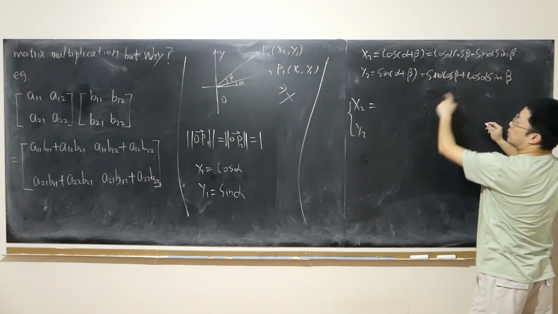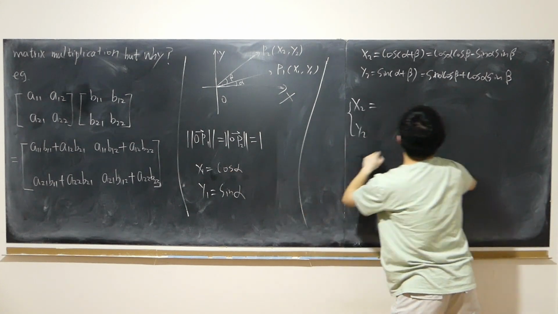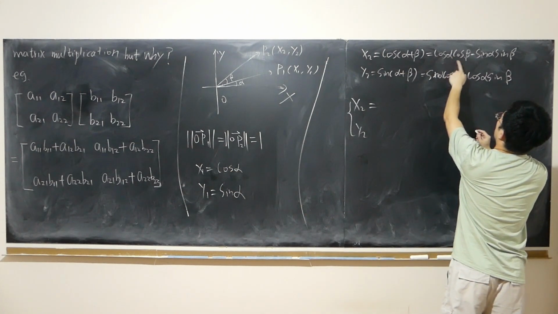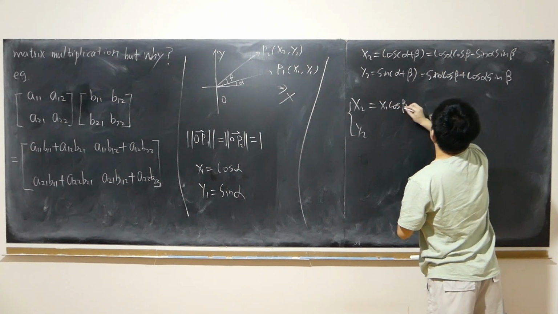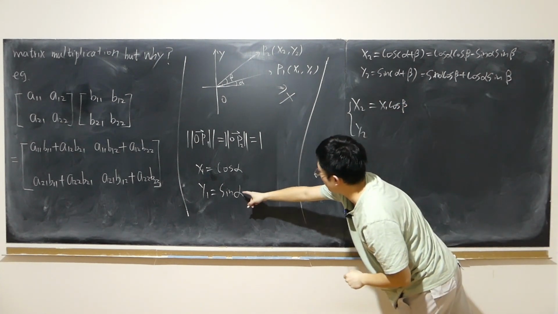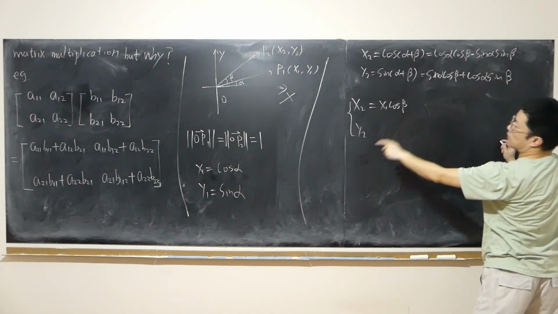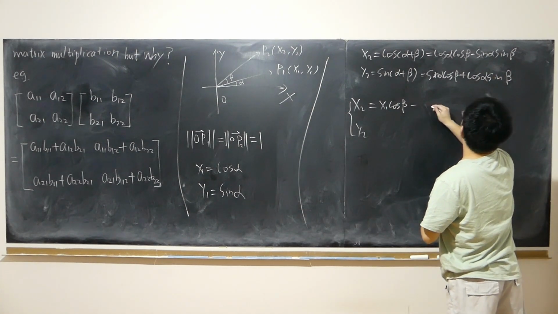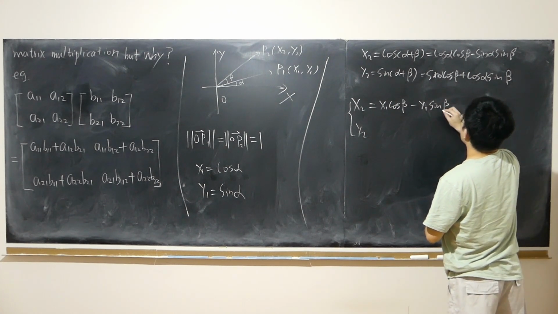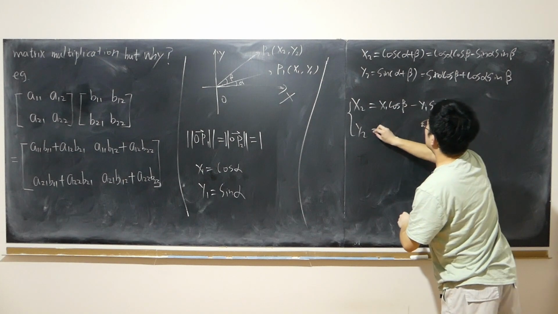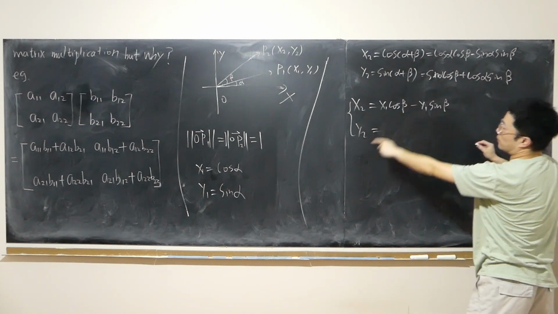x2 is equal to, remember, cosine alpha is x1, so that is x1 times cosine beta. Sine alpha is actually y1, so minus y1 sine beta. So y2 is sine alpha cosine beta plus cosine alpha sine beta.